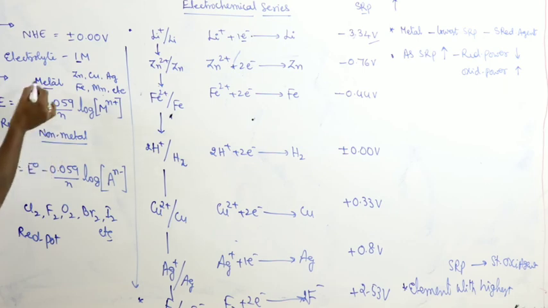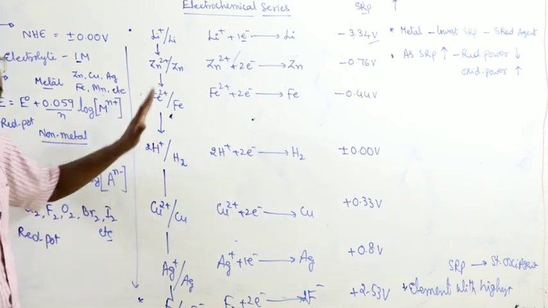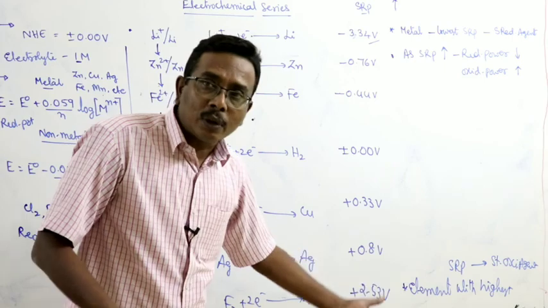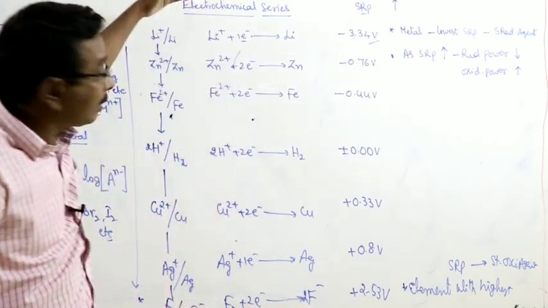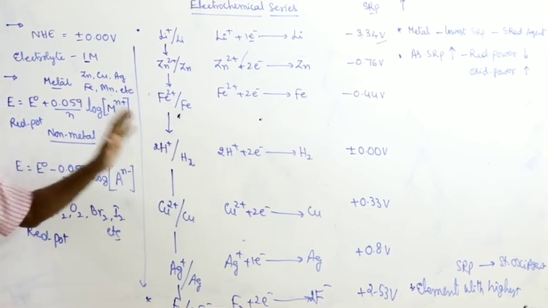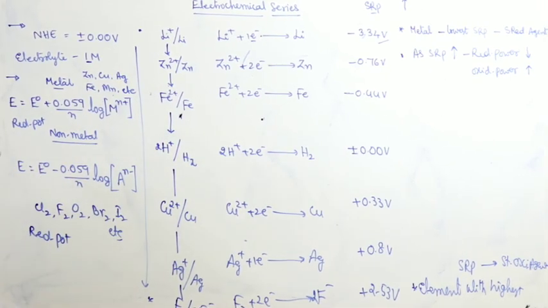Here the formula used is known as the Nernst equation. By using the Nernst equation, we are calculating the standard electrode potentials and the electrode potentials. From that we can construct the electrochemical series, and from that we can understand the nature and behavior of the elements properly.